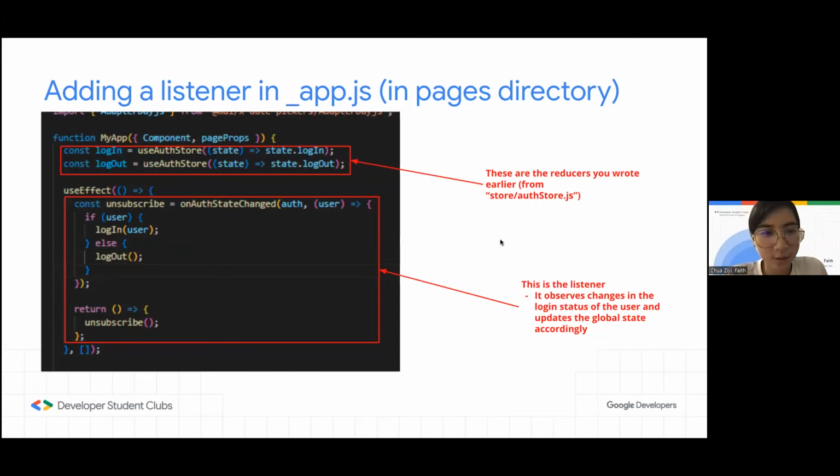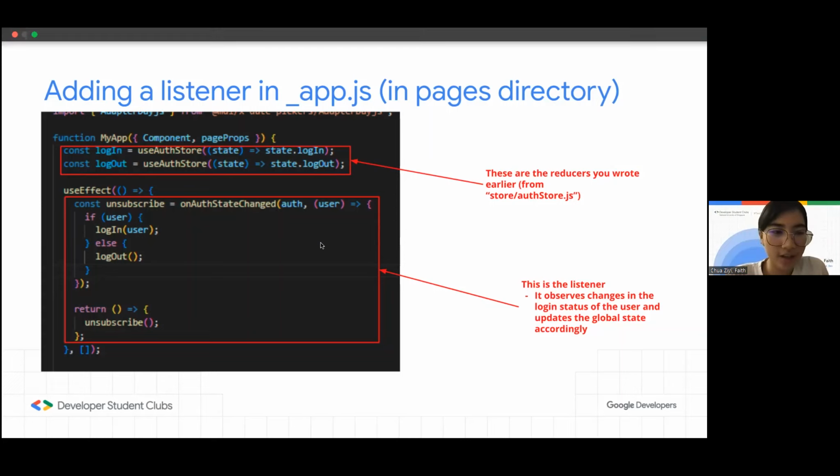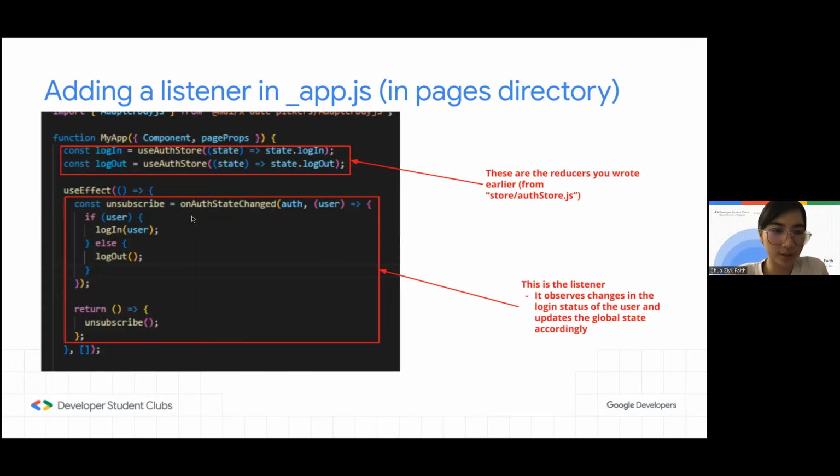So over here we are importing the reducers that we have written just now. And in this useEffect, what this onAuthStateChanged thing is, is a Firebase listener. It will listen for changes in the authentication state and update the global state accordingly using the reducers. So these two reducers are used to update the global state of authentication to reflect what is going on in Firebase.